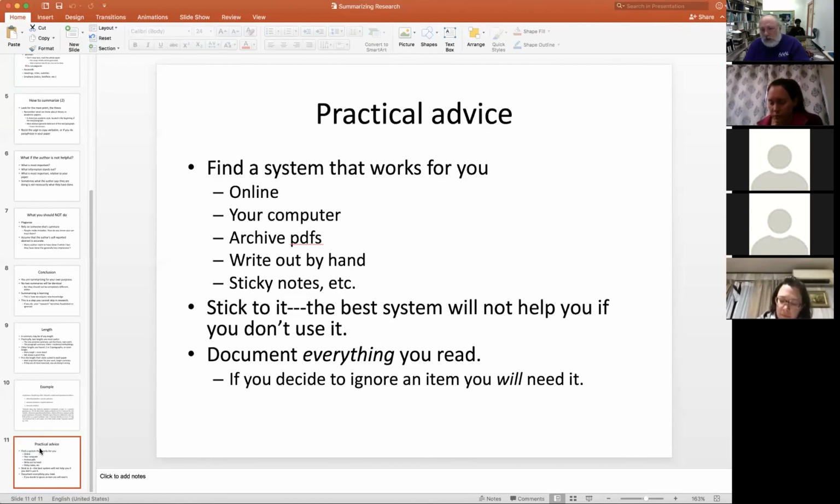And then the final thing: document everything that you read. Never, ever fall for the temptation of saying, well, I'm not going to quote this article, so why bother? Because I promise you that in six weeks you will say, if I only had that one sentence that would have been perfect for this.